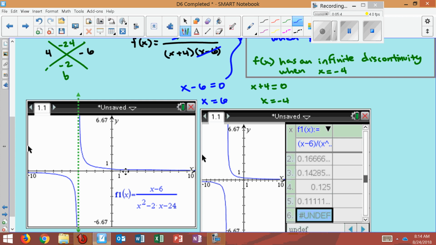That means at 6 we should have an open circle right there, and the same over here. You would have an open circle right there. So that's how you would have your infinite discontinuity and your removable discontinuity, those values being x equals -4 and x equals 6, respectively.